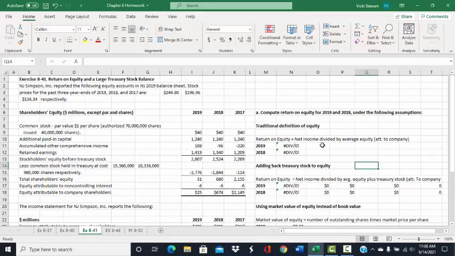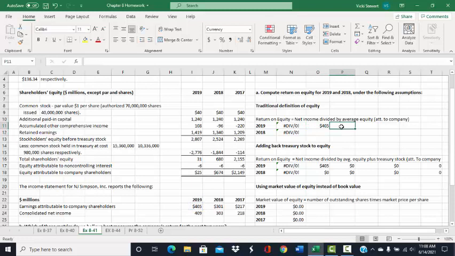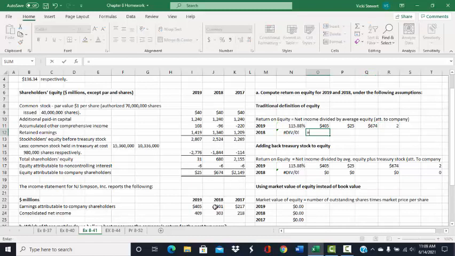So to compute return on equity, we're first going to take the net income and we're going to divide that by our average equity. So our beginning and our ending equity divided by 2. So that is our return on equity for 2019, and now we'll compute it for 2018.